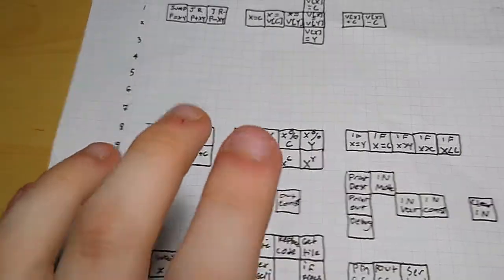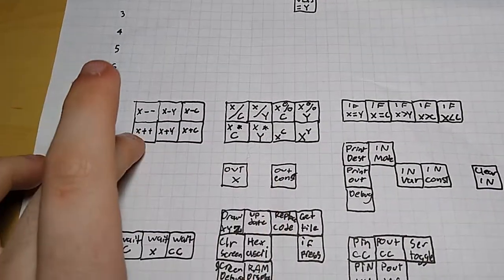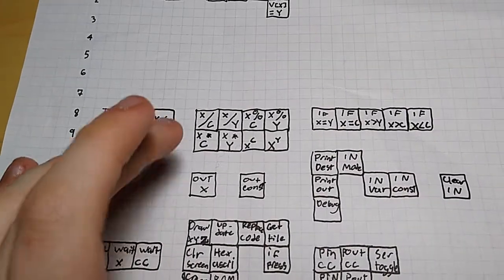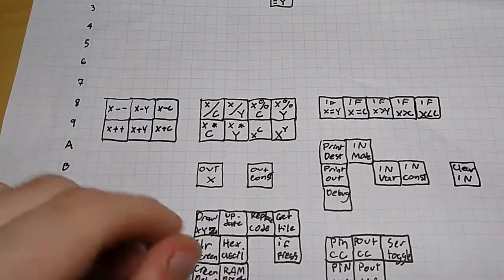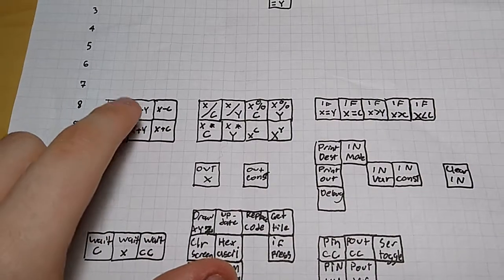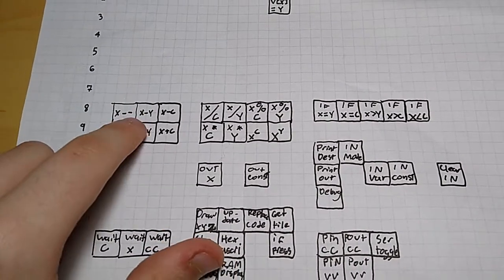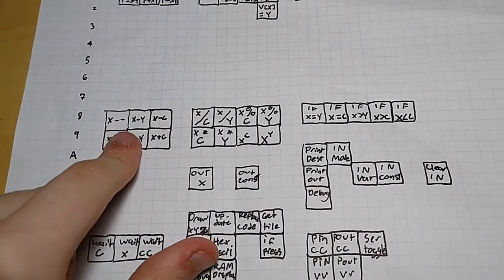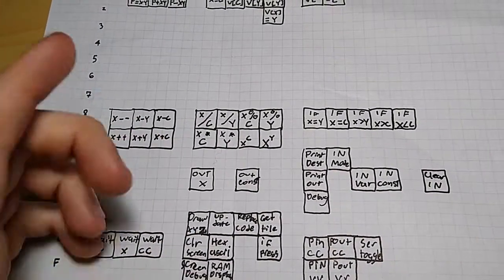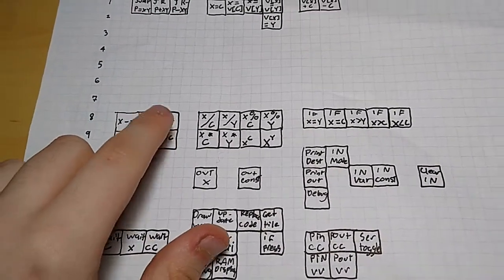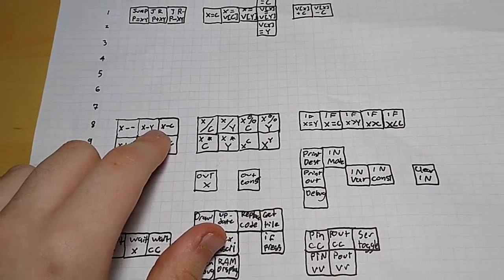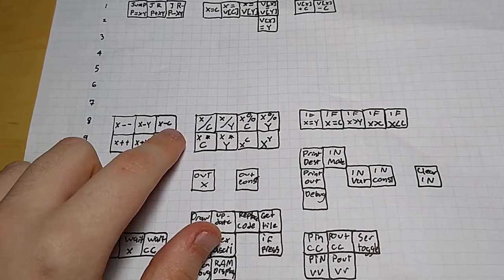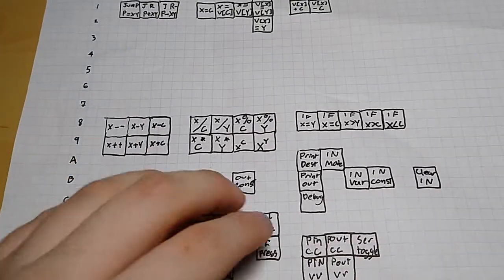Typically on this paper, x means a variable, y means a variable, and c means a constant. So here, x minus y: set x equal to variable x minus variable y. And here it's set variable x equal to x minus constant c. And it works a lot like that.